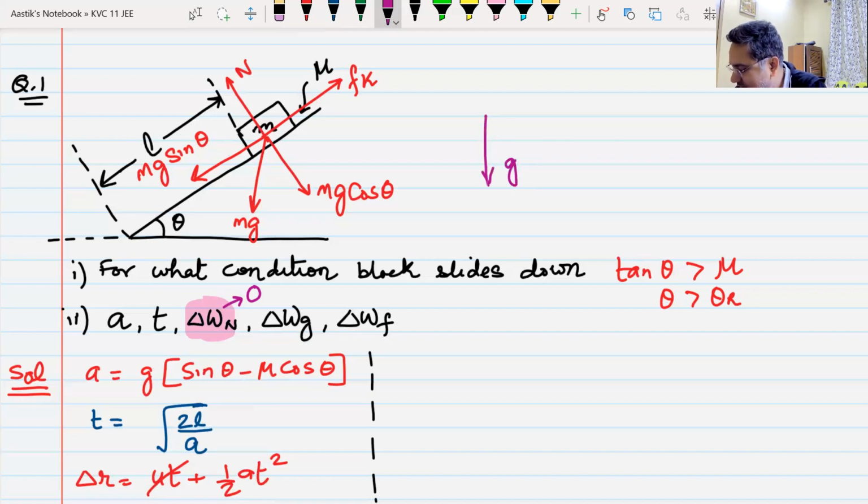Gravity is acting like this, and the block is moving like this. How do you find the work done by gravity? How much is this angle?